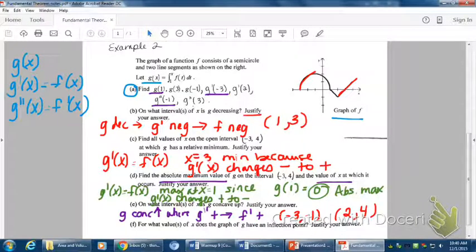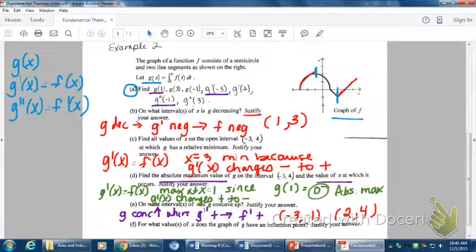For what values does g have an inflection point? Well, if you know where concavity changes, then that's where the inflection points are going to be. Since we know that g is concave up at those red places, then I know that there's going to be a point of inflection there and there, because the graph will be concave down in between.